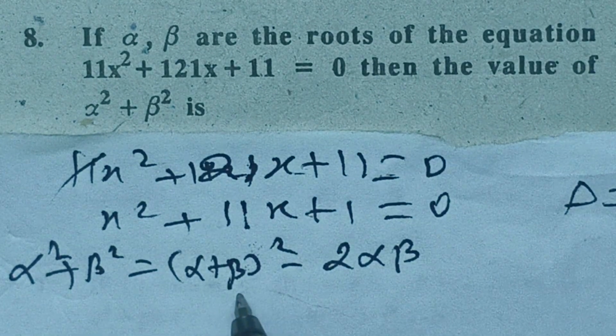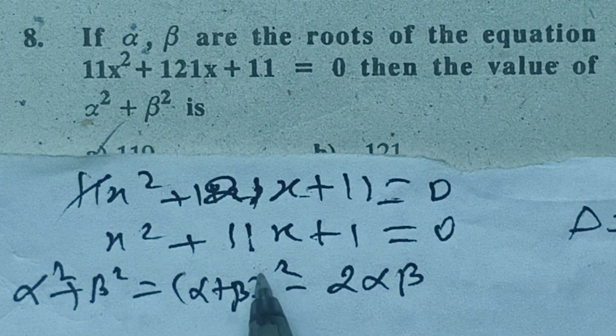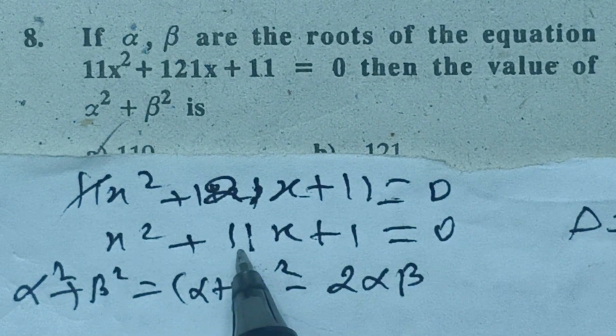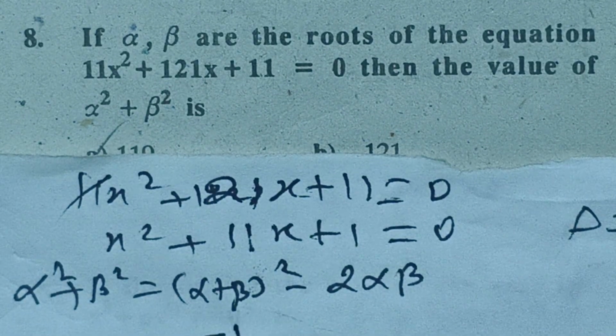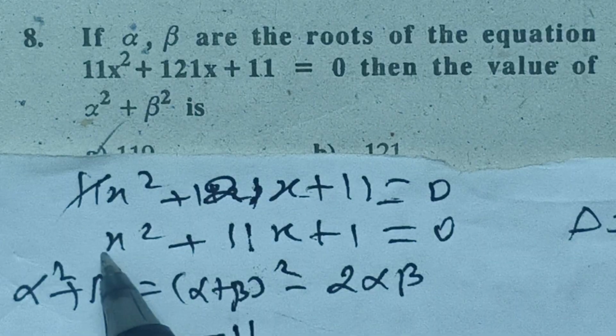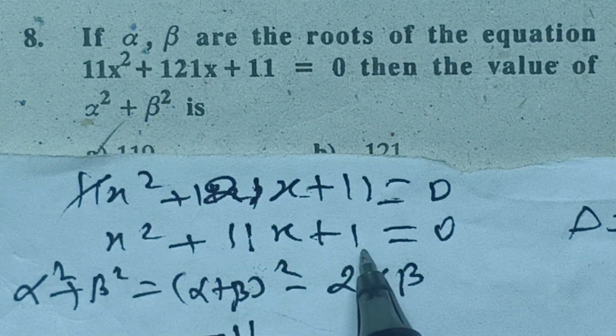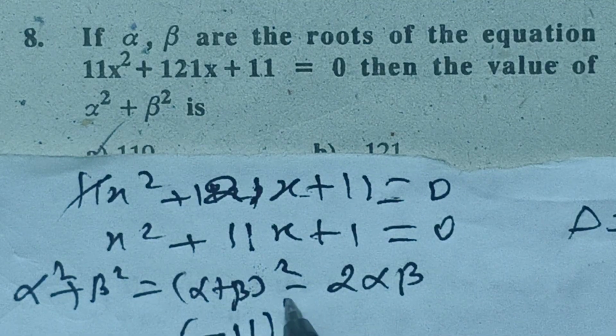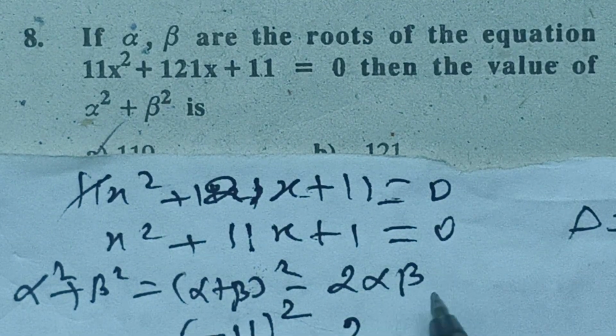Here alpha plus beta means the sum of the roots, which is minus b by a. A is 1, b is 11, c is 1. Alpha plus beta is minus 11, take the square, minus 2.